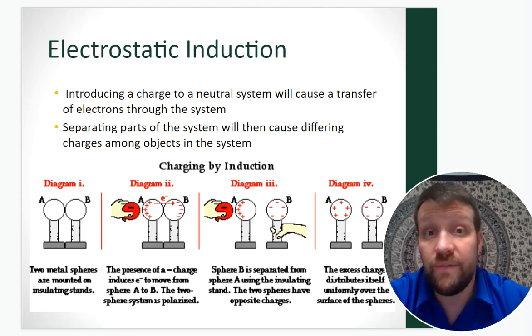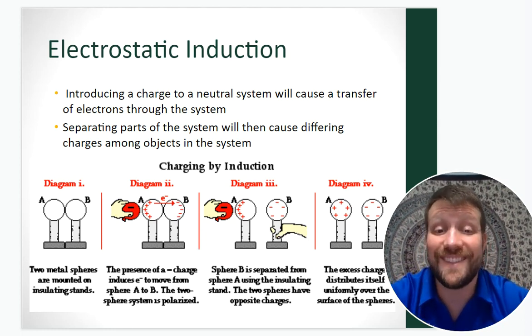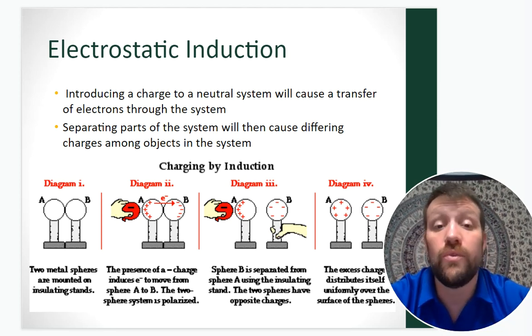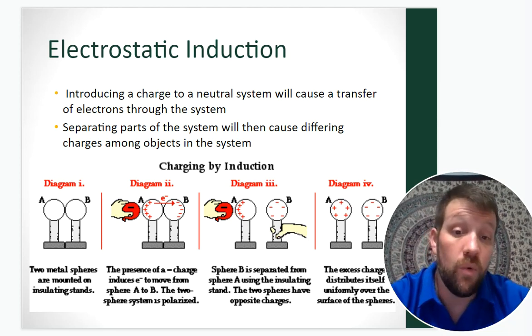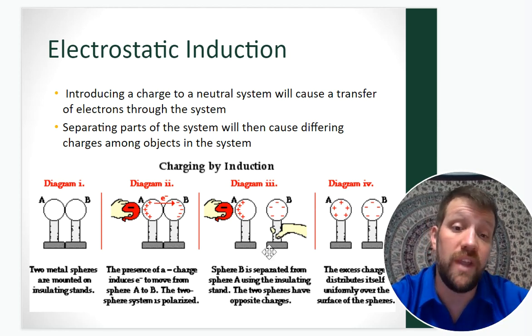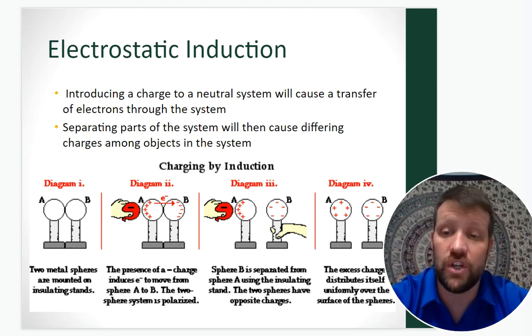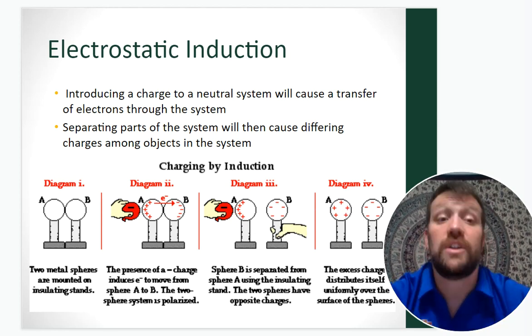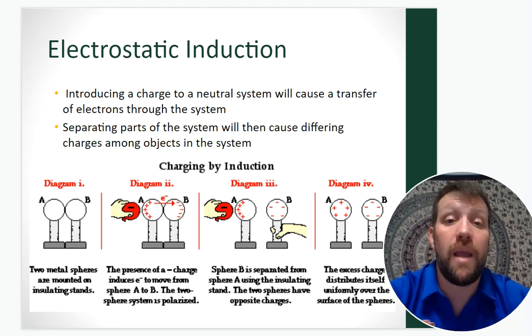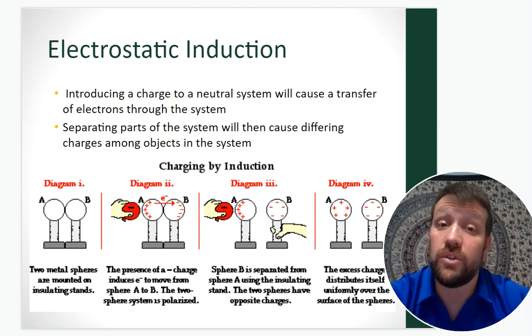So we still have an overall neutral system of A and B together. We have just had the charges move to different parts of the system. Once we've done that, we can then move these two objects apart from each other. And so we now have a buildup of negative charge on B and positive charge on A. We have successfully charged neutral conductors by really just spreading out the charge as we do so.